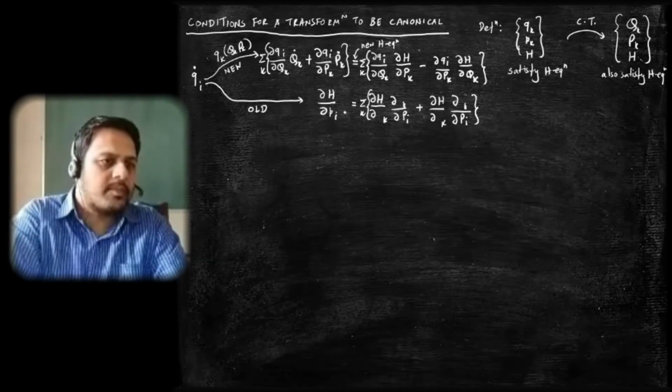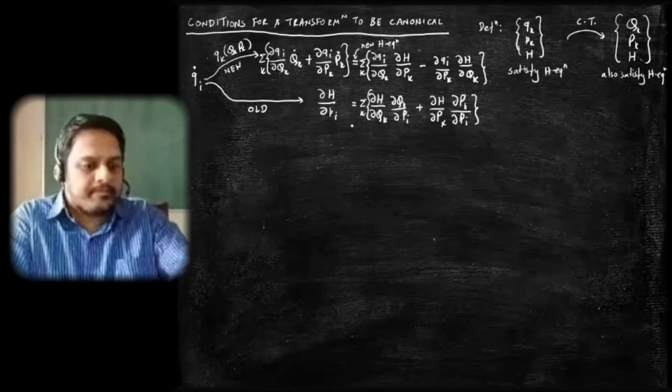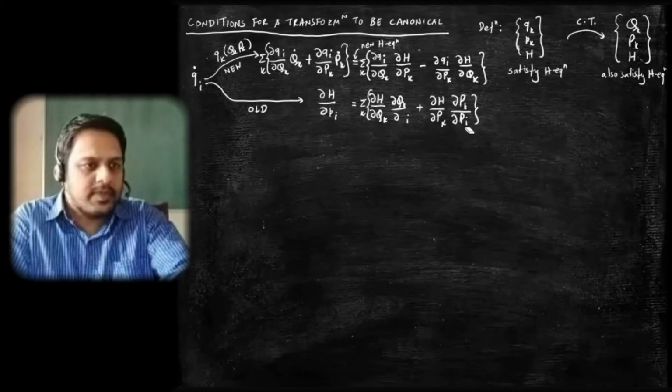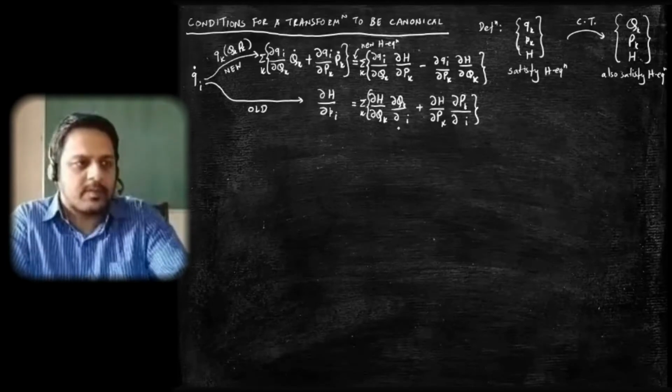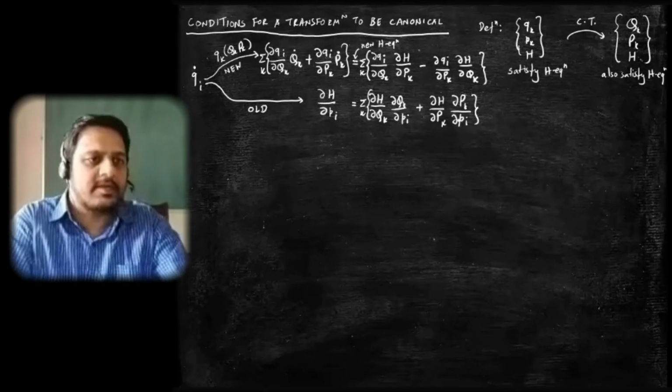This should be small pi, so this will be small pi and this will be the capital. Now we are fine. Please keep track of capital and small. Don't lose track of it like I just did.